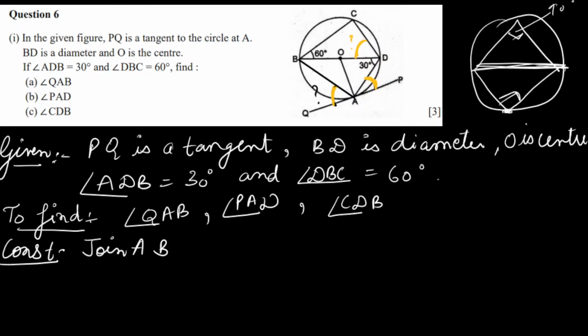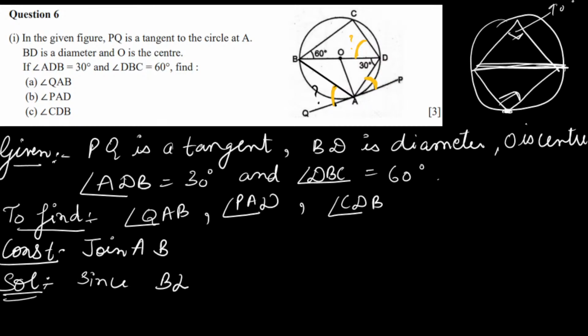So let's write such type of angle. Do we have any angle here whose value is equal to 90 degrees? Which angles are subtended by the diameter, since it's given that BD is the diameter?